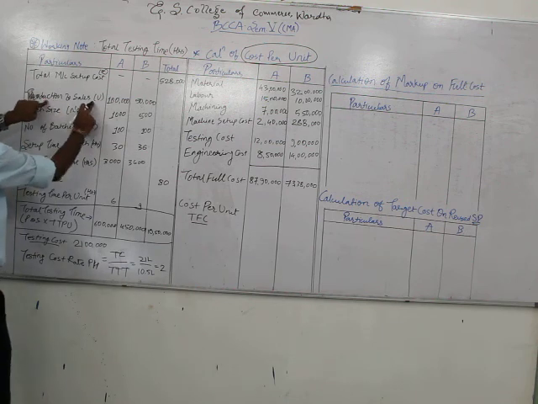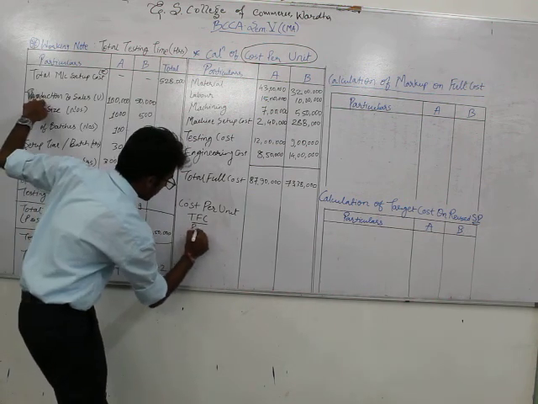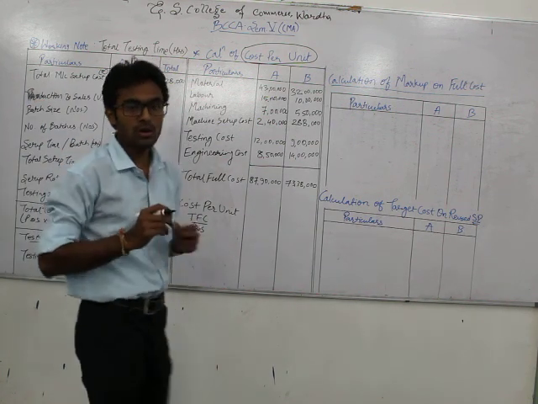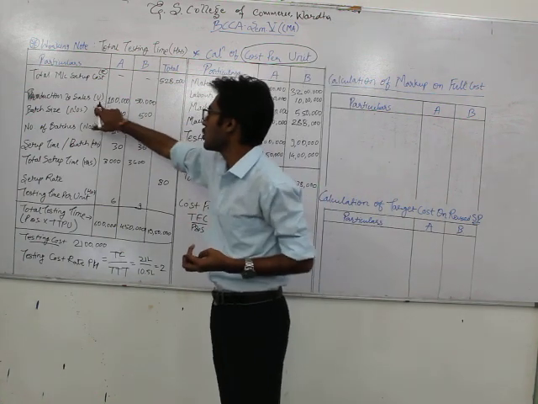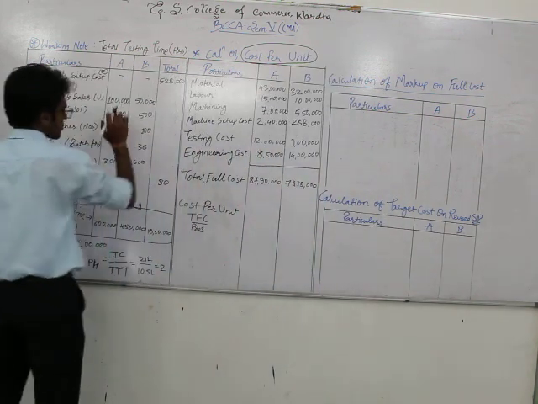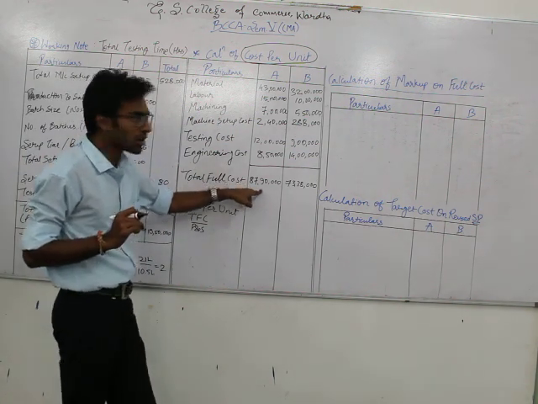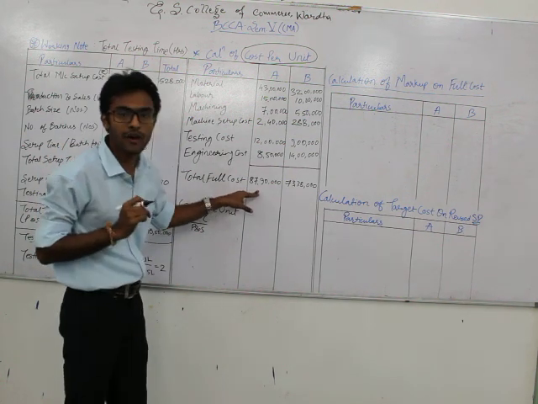Annual production and sales is 1 lakh, so we will write here P and S, annual production and sales in units. This cost is for 1 lakh units.